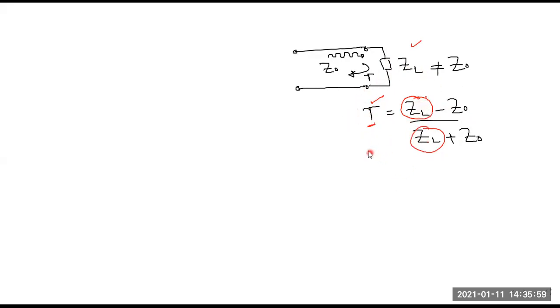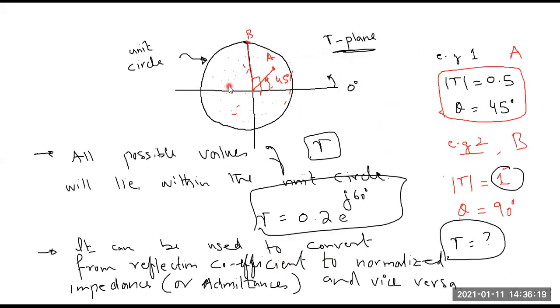If you use this equation, you are using the analytical method to find the value of gamma from ZL or ZL from gamma. But now we can do the same thing with the help of the Smith chart. This is the statement that I have written: it can be used to convert from reflection coefficient to normalized impedances.